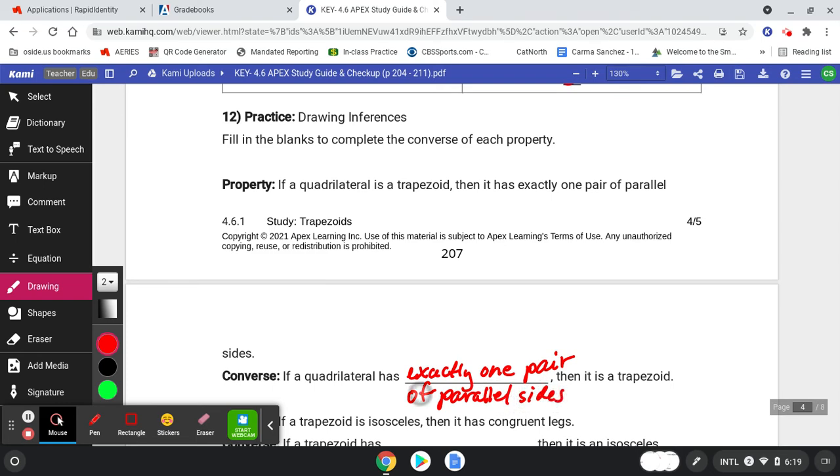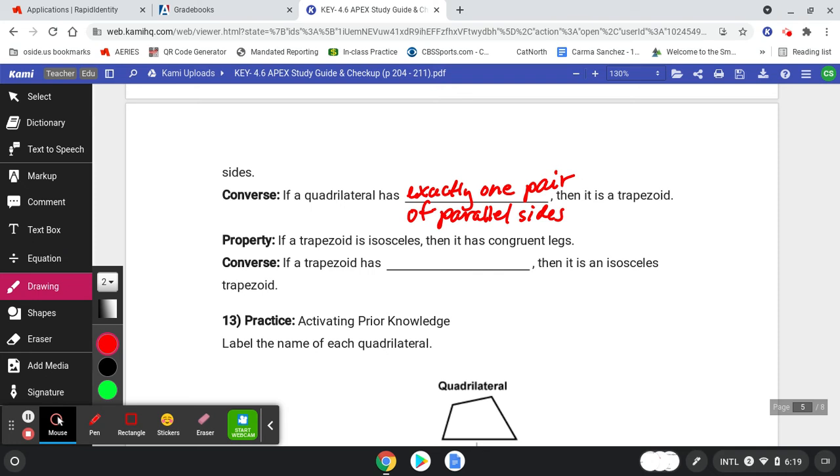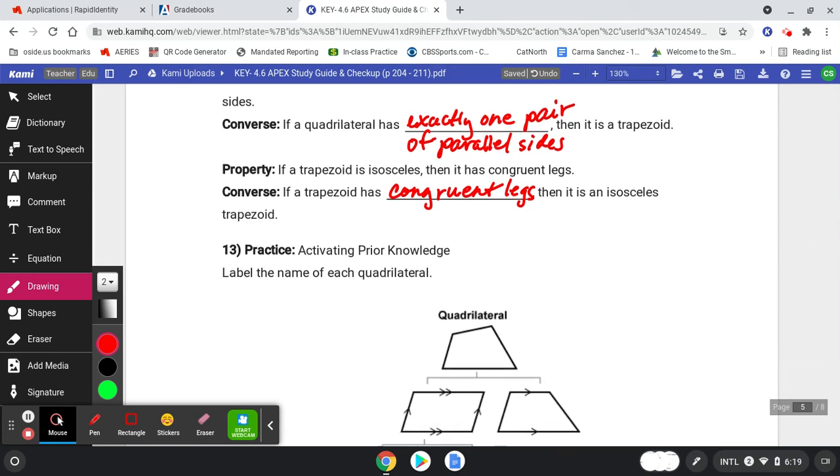They didn't give us that much space here, did they? Squeeze it in. If a trapezoid is isosceles, then it has congruent legs. If a trapezoid has congruent legs, then it is an isosceles trapezoid.